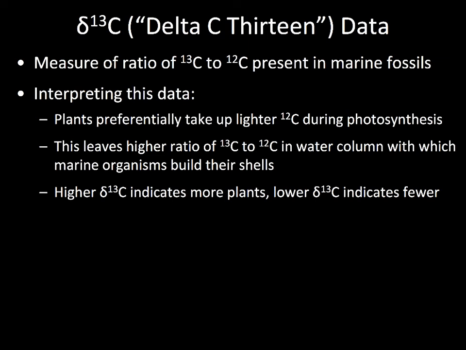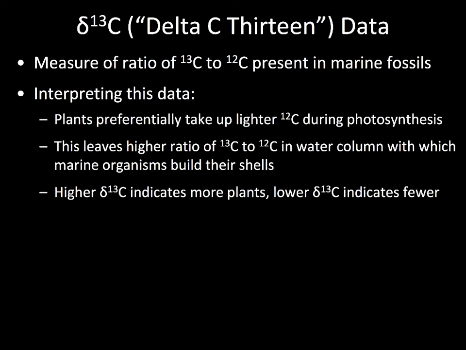So if you see in a particular marine organism a really high carbon-13 to carbon-12 ratio, a really high delta C13, that must mean that a lot of plants were around at that particular time that organism was forming its hard parts. A lot of plants were around yanking carbon-12 out of the water column.